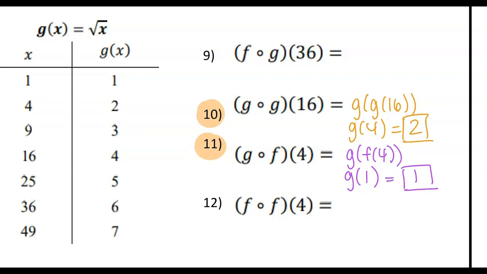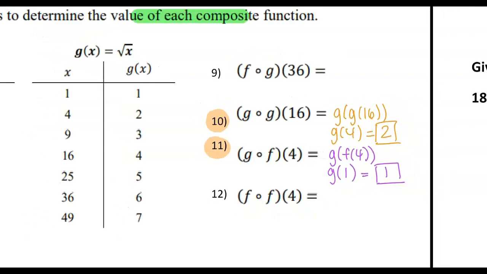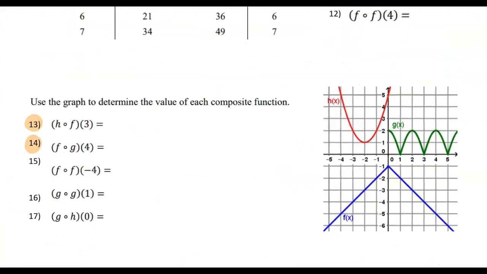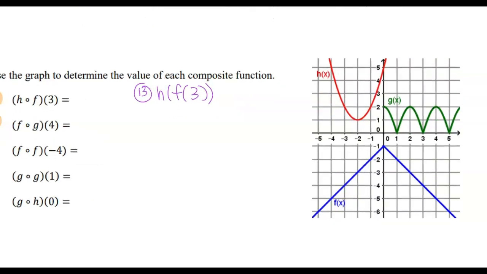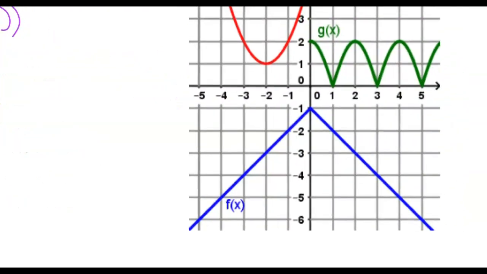It's not too crazy. For the graphs, though, make sure that you pay attention to what graphs you have. Yours aren't in color on your paper, but they are in color on mine, so you can see exactly what you're doing. I'm going to use the space next to it to do question 13, which is H of F of 3. All right, so the first thing I need to do is find F of 3 on my table. If I was to look at F of 3, that's the blue graph. 3 on the x-axis is going to show -4 on the f graph.